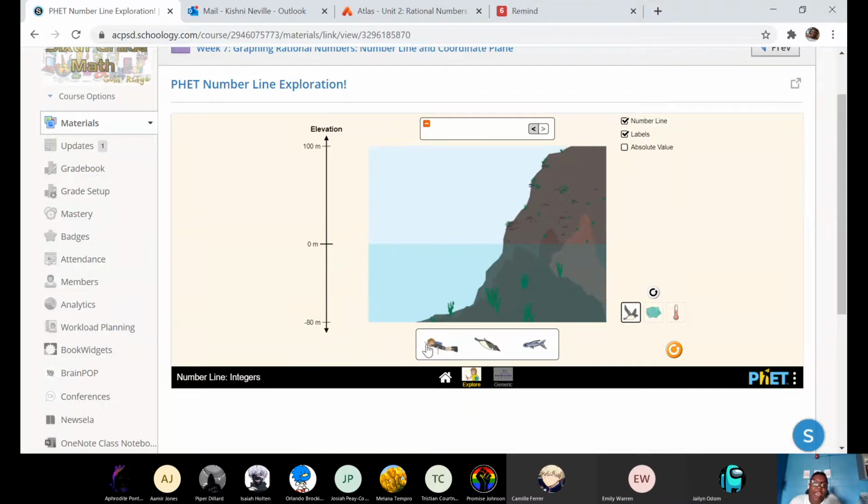And as you're exploring today with Miss Explorer, the scuba diver, the penguin, and the fish, you'll be placing them in different places. I want you to be thinking about what you notice and what you wonder as you place these three different persons or animals throughout this picture. Go ahead and take some time and explore with that without Miss Neville helping.